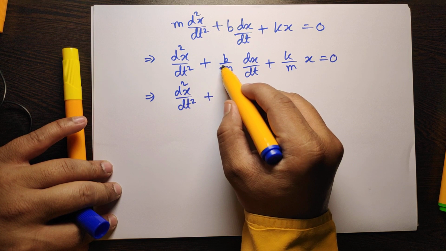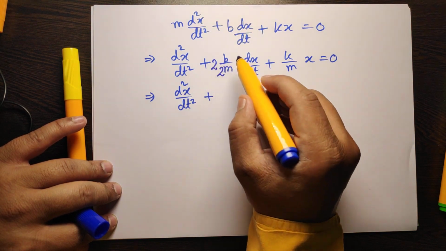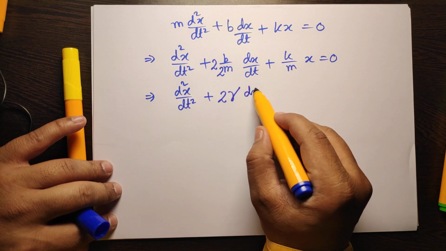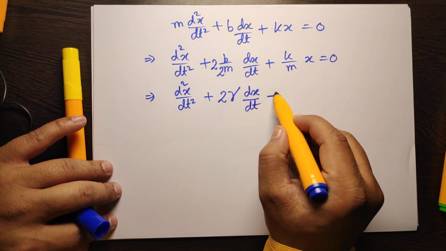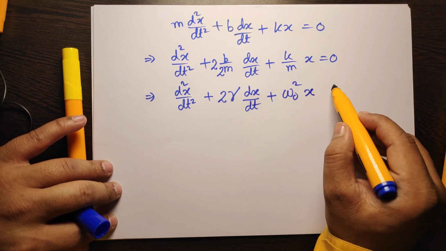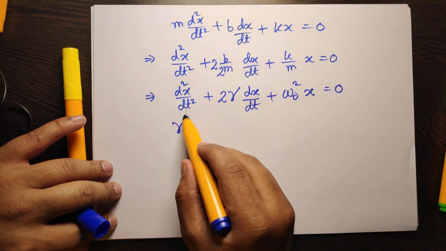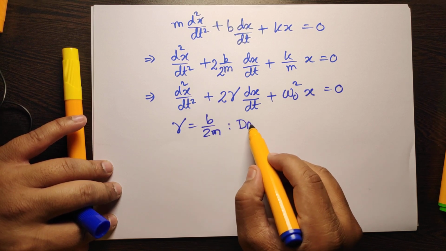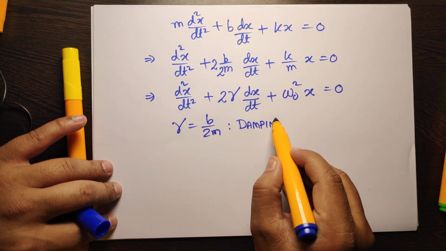You can write b/m as 2 gamma, so it becomes d2x/dt2 plus 2 gamma dx/dt plus omega naught square x equal to 0. Here gamma equals b by 2m. This is known as the damping coefficient.